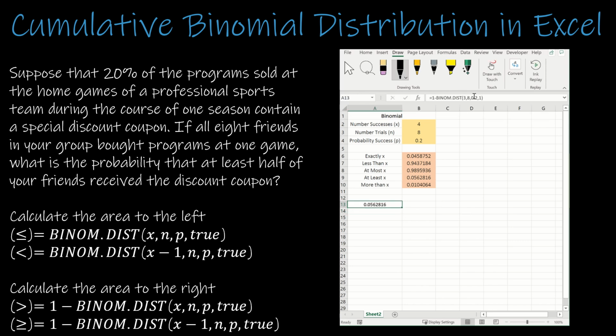So I need to be smart enough to know how to use the function and not just plug in 4, 8, and 0.2. So again, if I'm looking at least half, then that's probability that x is greater than or equal to 4, which means I want 1 minus the probability that x is less than or equal to 3.